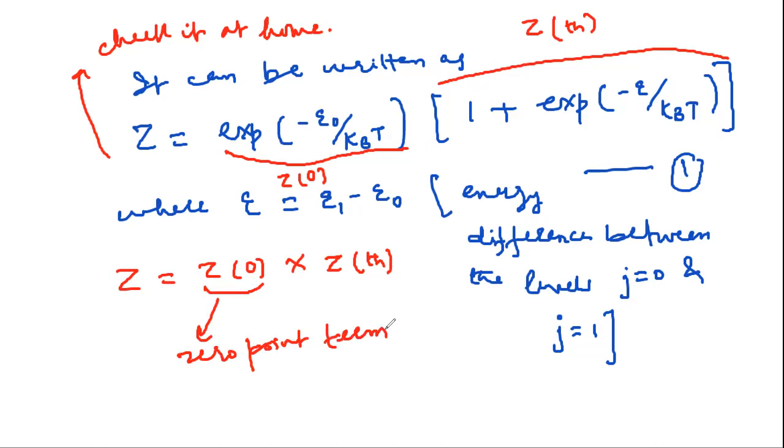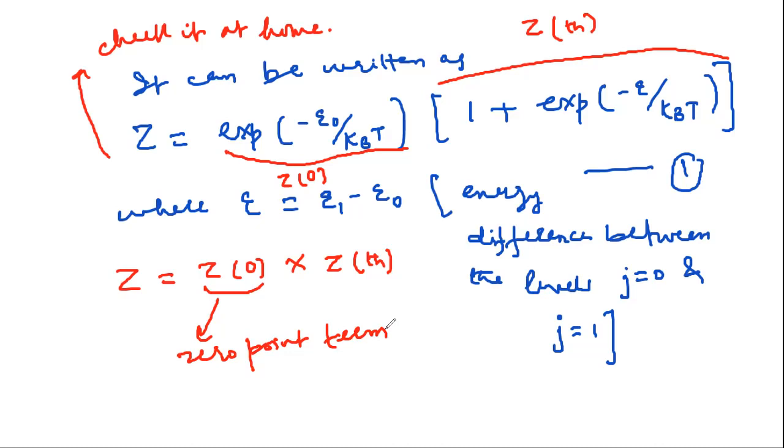You can see this Z of 0 point term depends only on the ground state energy epsilon naught, because it is exponential of minus epsilon naught by kT.